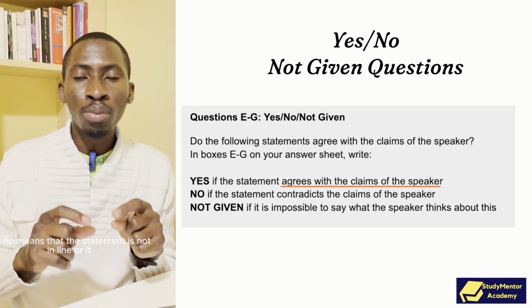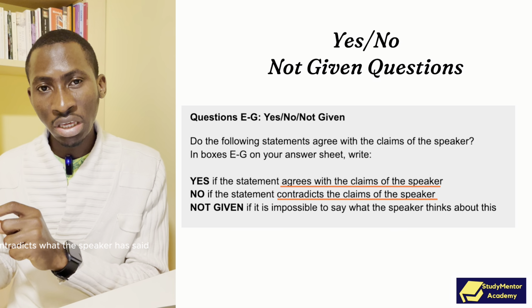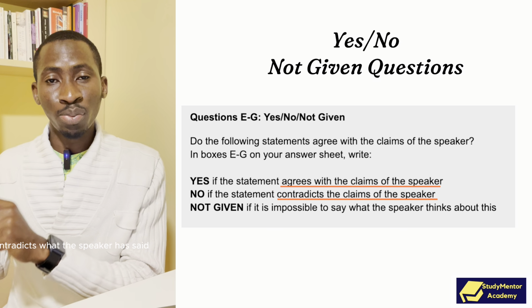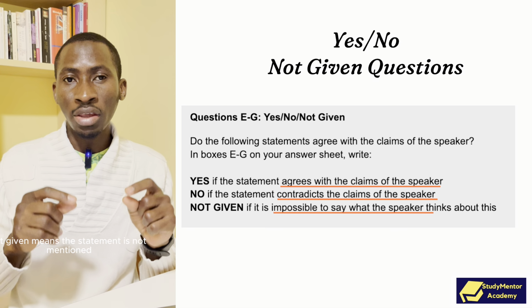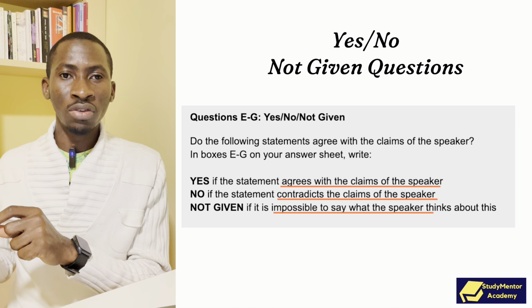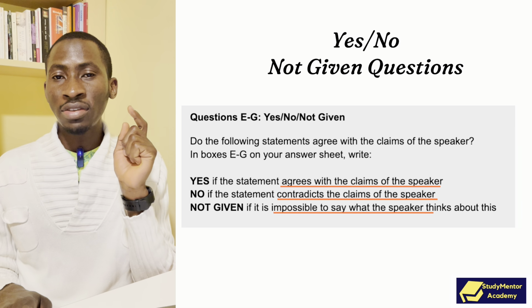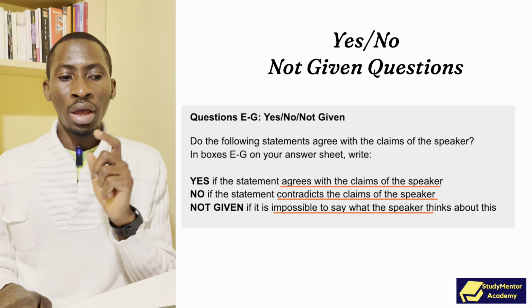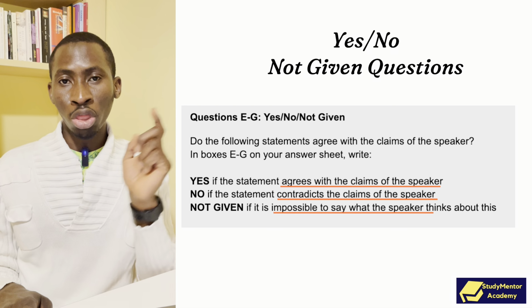And no means that the statement is not in line, or it contradicts what the speaker has said. And lastly, not given means the statement is not mentioned or is not clarified by the speaker. Okay, now let's listen to the audio recording and then we answer the questions yes or no.